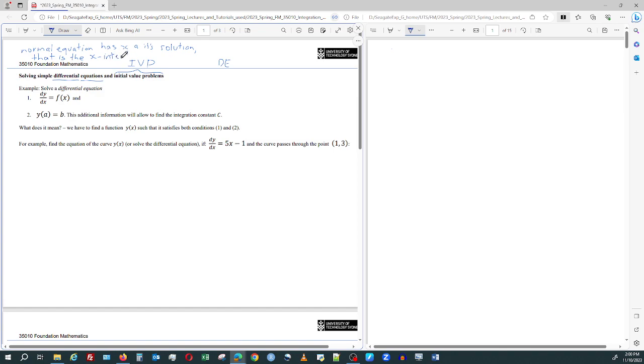DEs have a whole function. So what's the DE function?